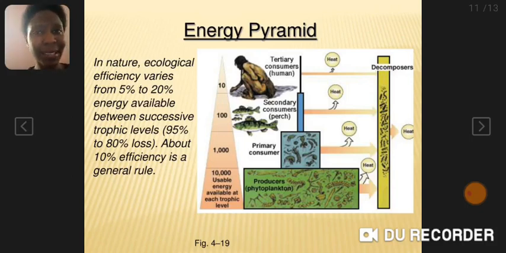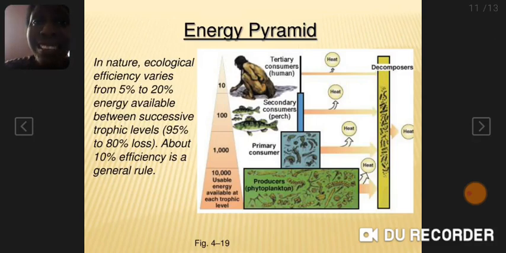Do you understand that? Should I say that again? Okay, I'll say that again. Now, just like the others, in the pyramid of energy, you discover that what? Because all these are illustrated using food chain, isn't it? So, as you go up the food chain in a pyramid of energy, as you go from one trophic level to the next trophic level, what happens?